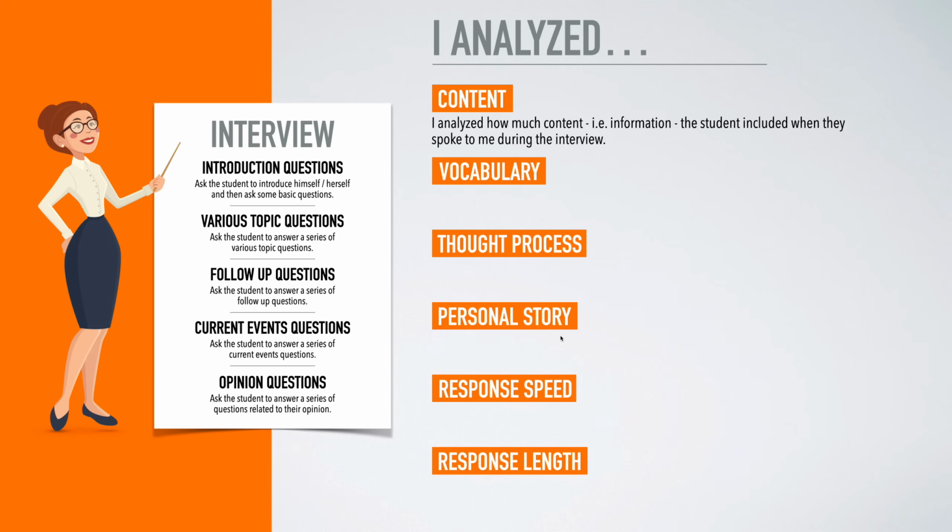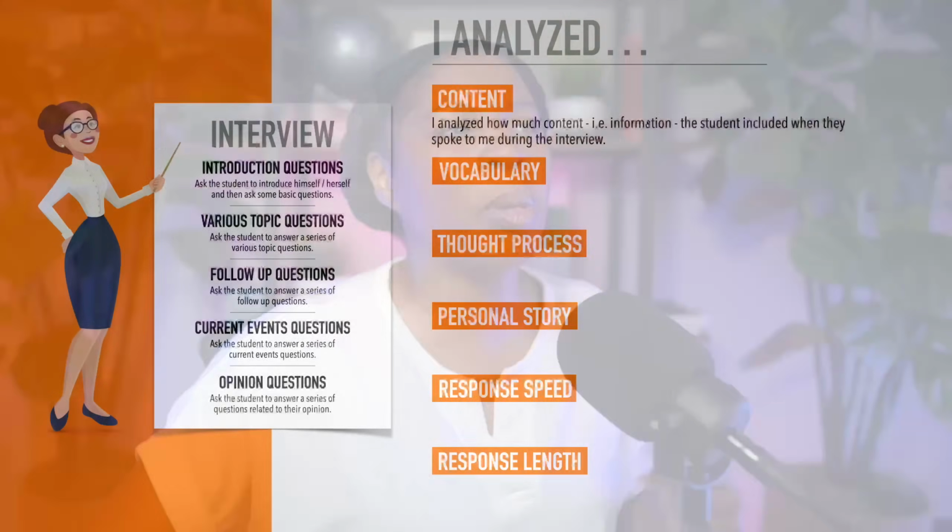First, I analyzed how much content, for example information, the student included when they spoke to me during the interview. Again, I'm trying to help you understand how this English fluency test is set up. First being, are you as the English learner able to give enough content, enough information when you respond?